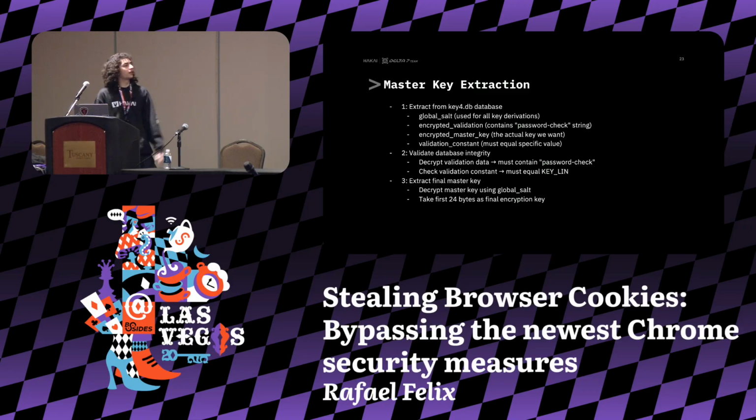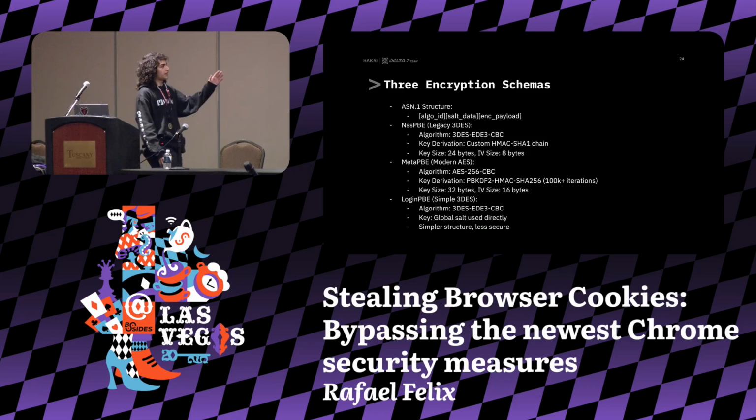We then decrypt the validation data, which must contain the password check. Then we check that the validation constant is equal to key_len, which is 248, a bunch of zeros, and then 1. I'll show you guys later. We then extract the final master key: decrypt the master key with the global salt, and then take the first 24 bytes as the final encryption key.